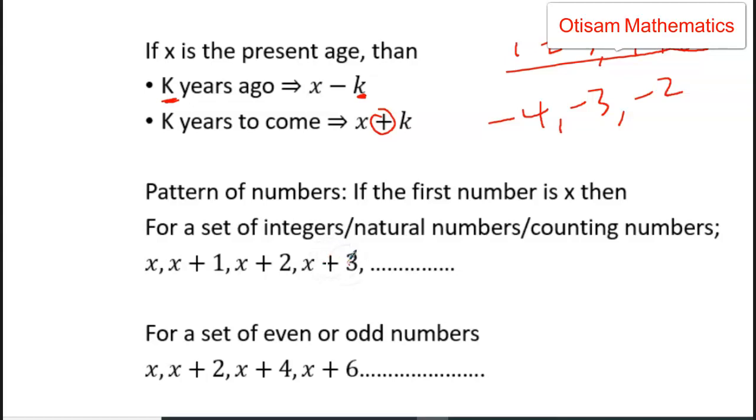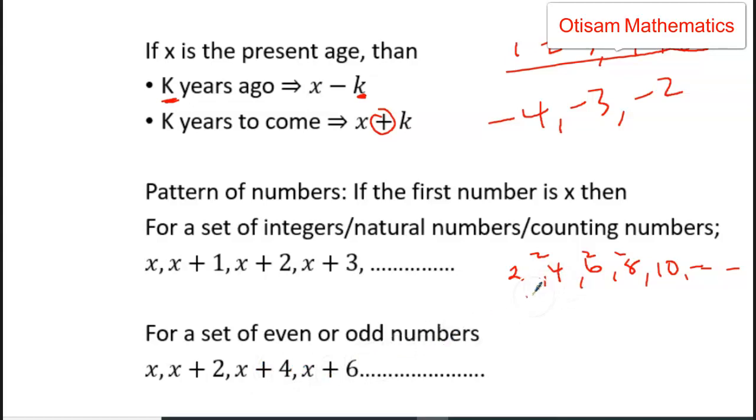Let's come to even and then odd numbers. For a set of even numbers or odd numbers, the even numbers 2, 4, 6, 8, 10, up to infinity. So check the difference. The difference is 2. So if the first number is X, the second number will be X plus 2. The third one, X plus 4, X plus 6, and so on.